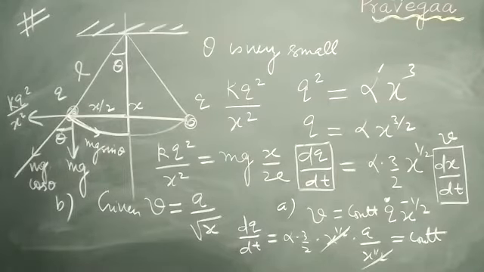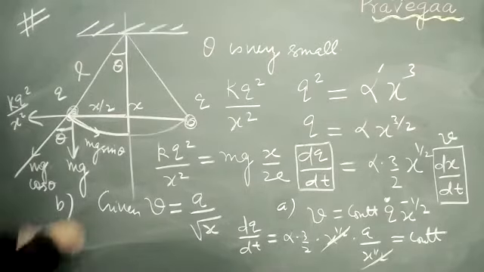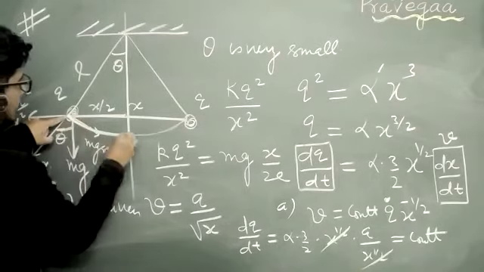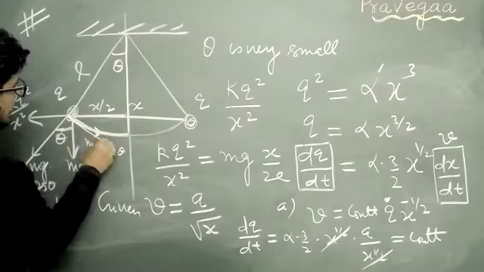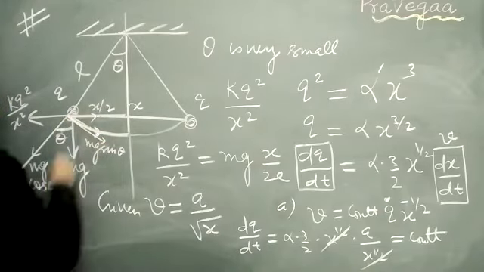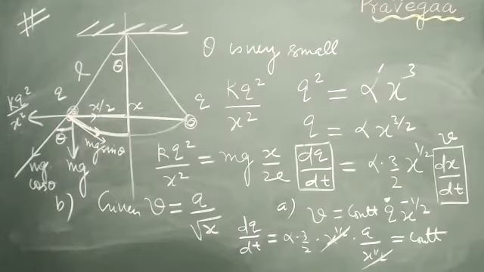Okay. How will you avoid this? The trajectory is like this, but you are taking it like this. Yes or no? Yes, sir. So at the end of the day you are living with that approximation.